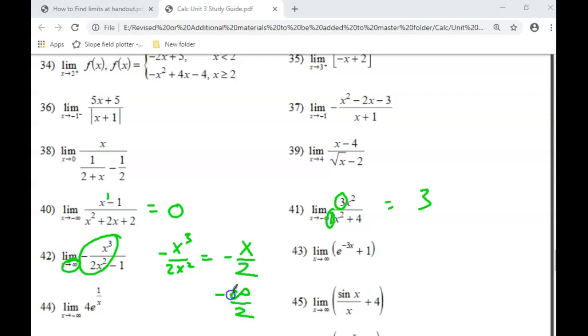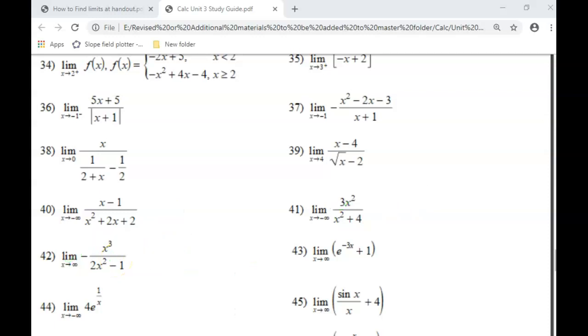In that case, you have negative infinity, because I'm plugging in a positive infinity and the negative came from here. So now I've got negative infinity divided by 2, which is going to be negative infinity. So that's those ones. After that, we're going to move on to the exponential, trigonometric, and logarithmic infinity questions. And all of those are going to be solved with L'Hopital.